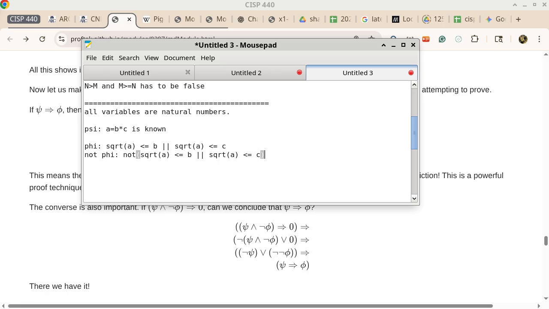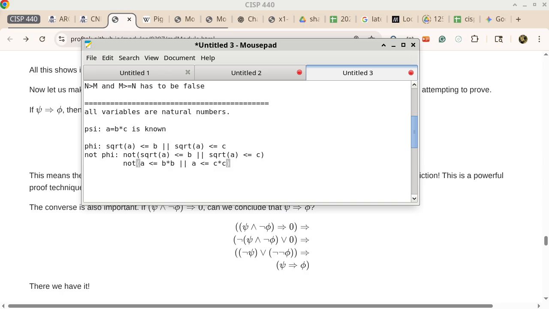Okay, and I don't like to look at square roots, so I'm going to change it a little bit and say a is less than or equal to b squared, or b times b, or a is less than or equal to c times c. Okay, is that okay?